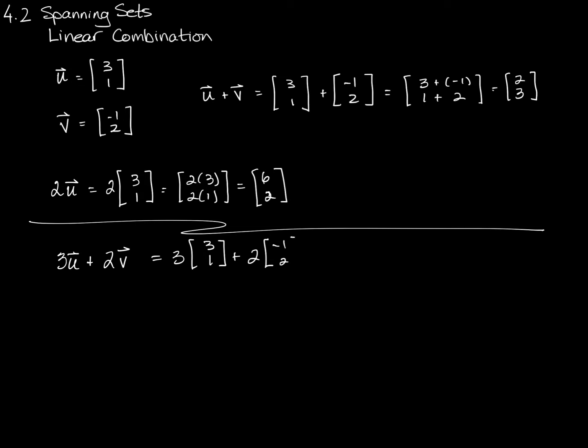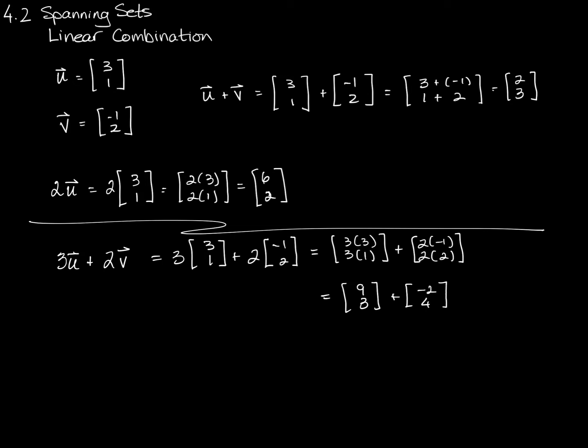That's going to be the vector (3 times 3, 3 times 1) plus the vector (2 times -1, 2 times 2), which is (9, 3) plus (-2, 4), and that's 9 plus -2, 3 plus 4, which ultimately gives me (7, 7).